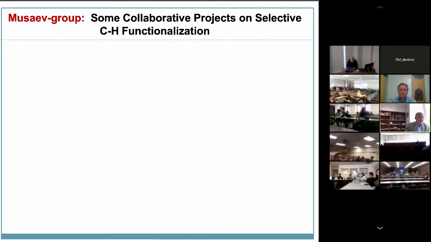elucidate mechanisms of complicated stereoselective CH functionalization reactions, as well as design predictive rules, or more efficient and less expensive catalysts for CH functionalization.